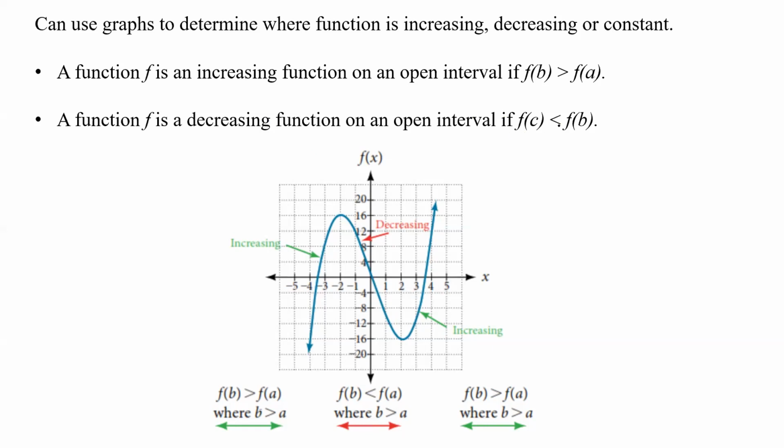Basically, your f of c has to be less than f of b. I was using a's and b's on all of them, so you could use either c's or a's. Either way, this one over here has to be less than the one on the other side. So as you move across, the right one has to be less than the left one if it's going to be decreasing.